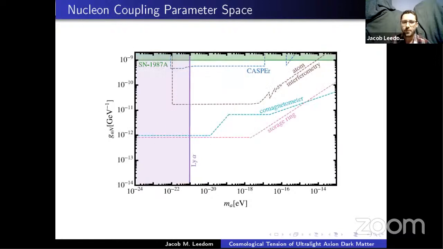And you can do the same thing for the nucleon coupling. So you've got Lyman alpha and 1987A. And then a whole bunch of future probes in this parameter space involving storage rings, comagnetometers, atomic interferometry, and then CASPEr.